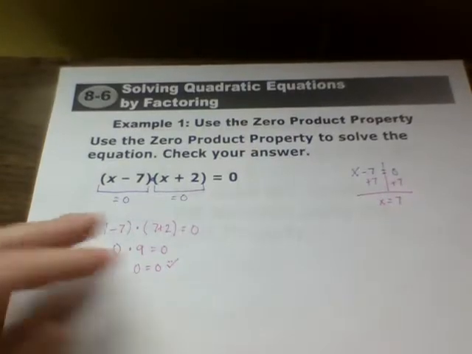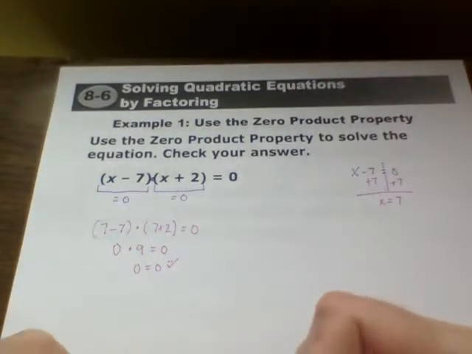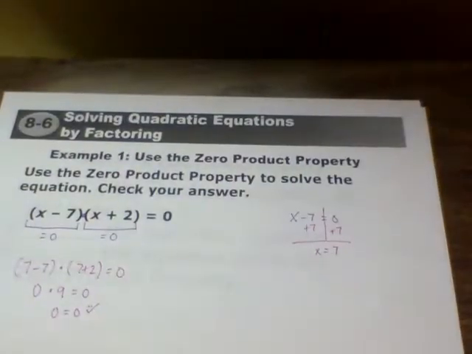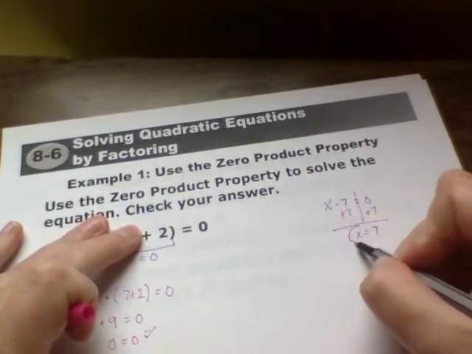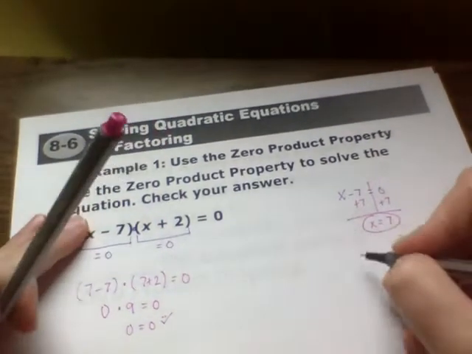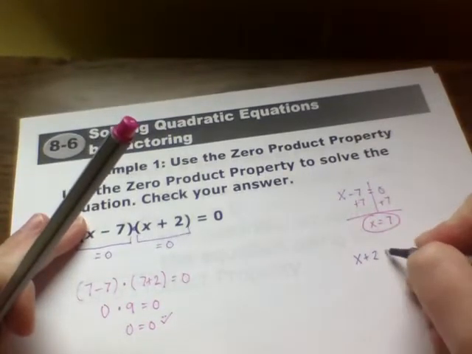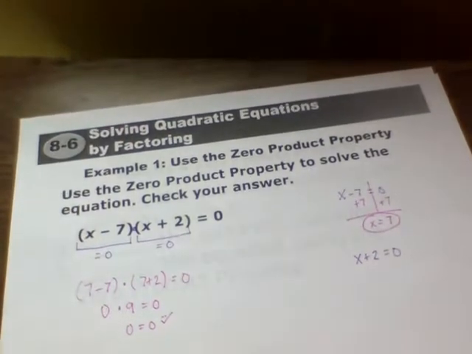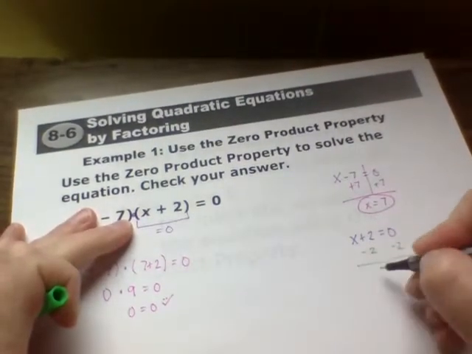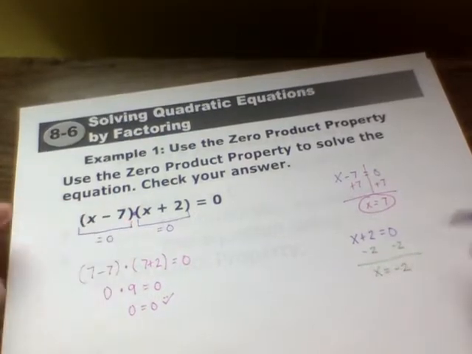Another solution, however, is if we take the next piece, which is x plus 2, and set it equal to 0 and solve. If we subtract 2 from both sides, we get an x of negative 2.